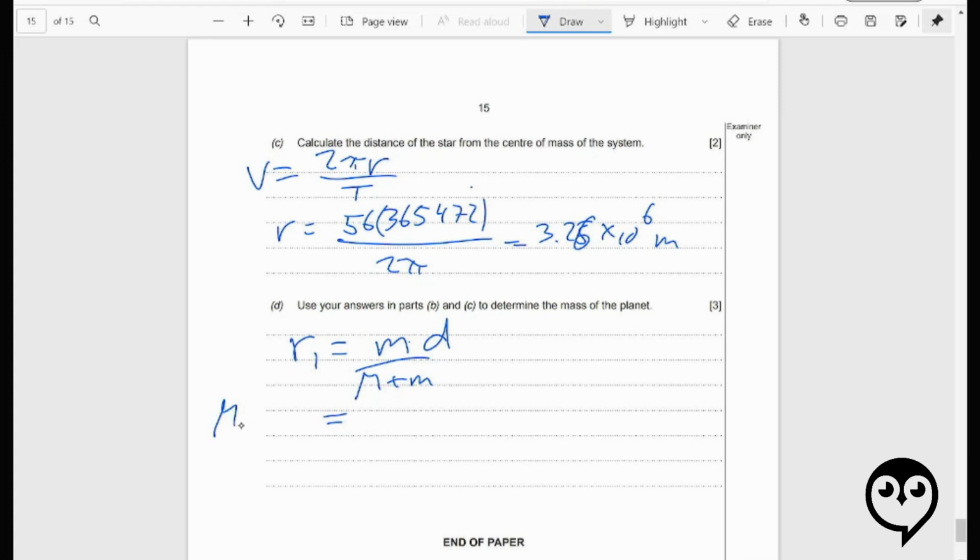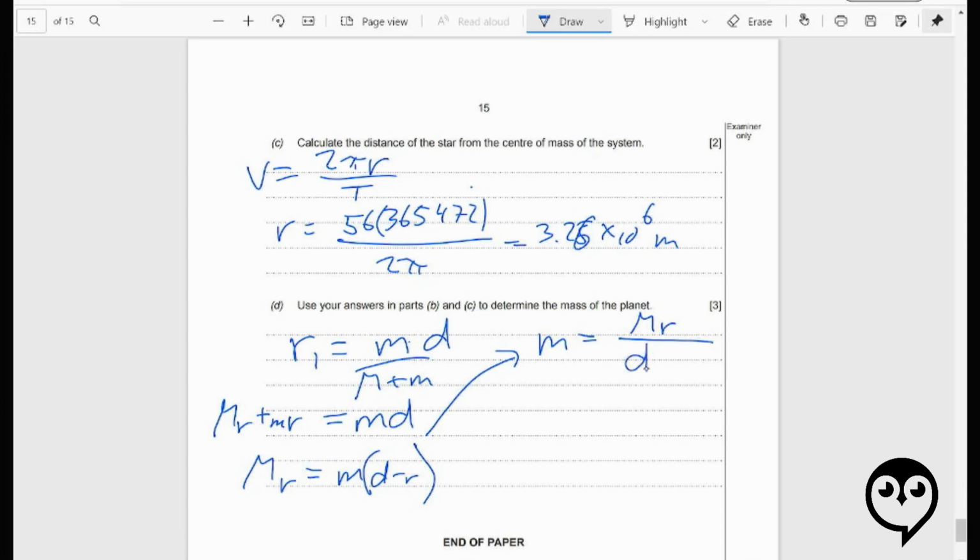Okay, so we'll have little mr equals Md. We'll get big MR is going to be md minus r. So the mass of that planet is going to be the mass of the sun times r, which we've just calculated, that little distance between the sun and the center of mass, and then we're going to divide by the difference of the distance between the actual star and the planet minus that little distance there.